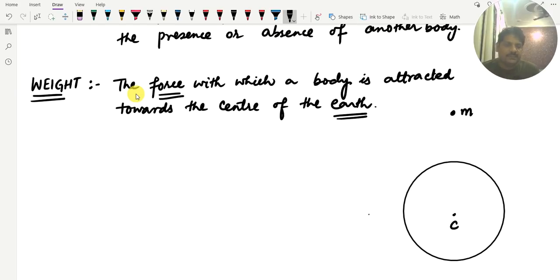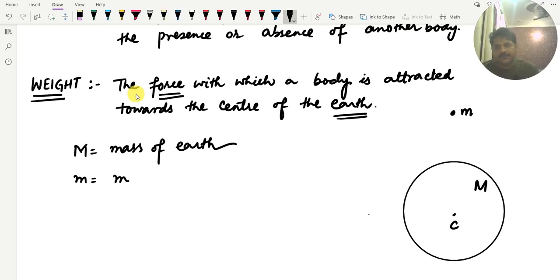Now this earth has got a mass capital M. M is the mass of earth and small m is the mass of the object. And let us say this distance is r.